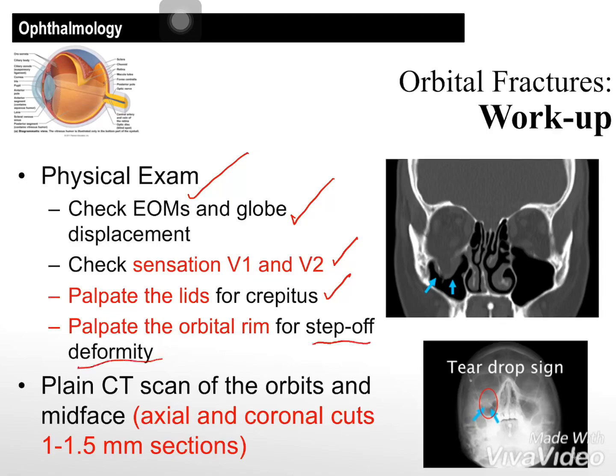Order a plain CT scan of the orbit, both axial and coronal cuts. You have to look for the teardrop sign, which is the protrusion or the herniation of the orbital content into the sinuses.